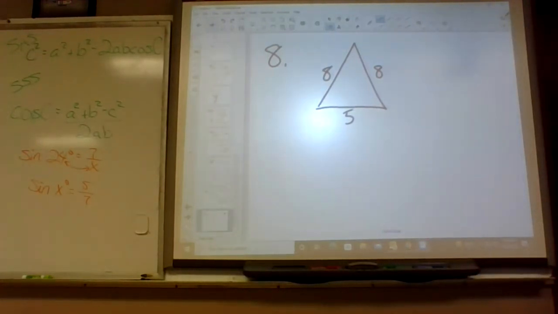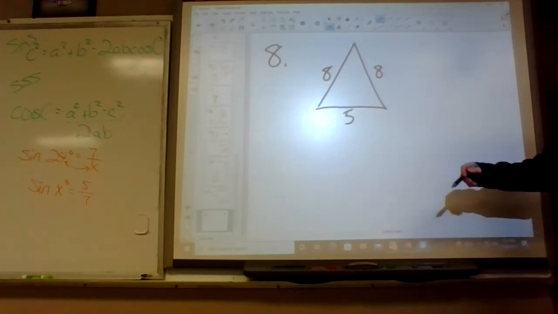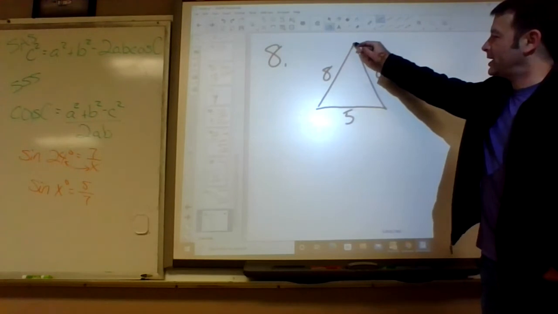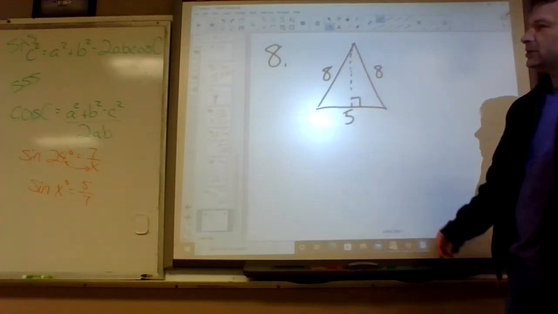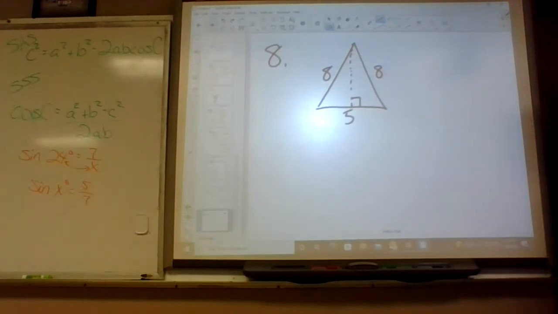Does anybody know how to do it without law of cosines? You gotta make the middle line. On an isosceles triangle, the altitude splits it perfectly in half. Most triangles don't do that, but isosceles does.